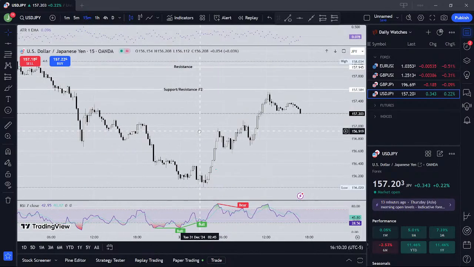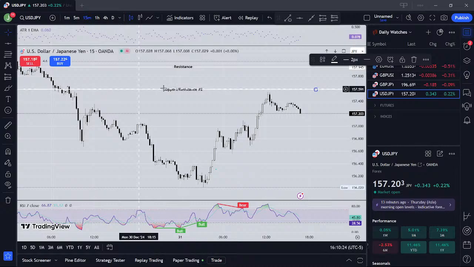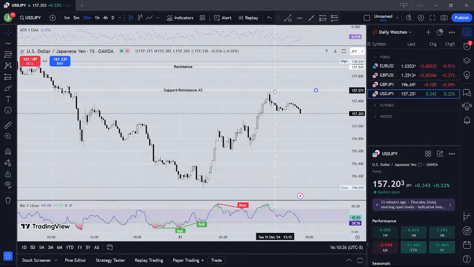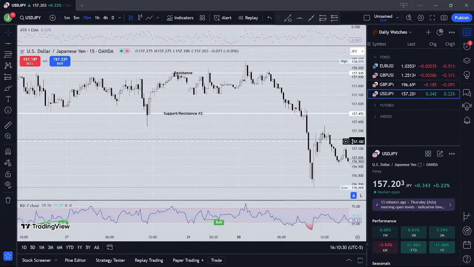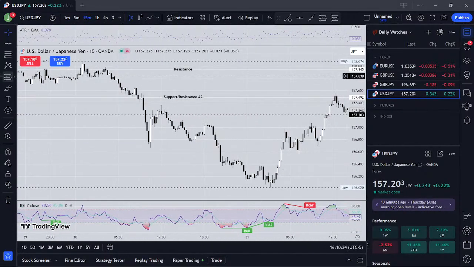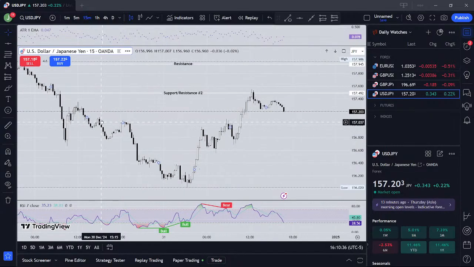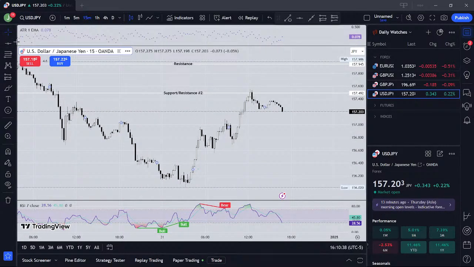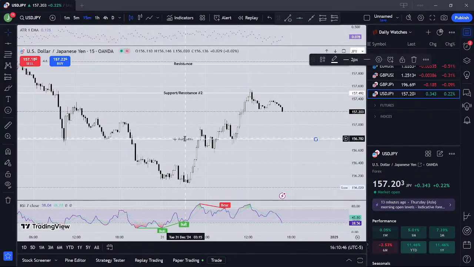Resistance two brings about. I might shift this a little bit so it can match. Yeah, still touching our three candles. So for a new support right now, we're going to use this.